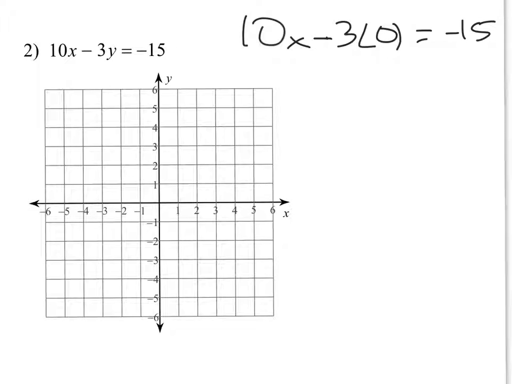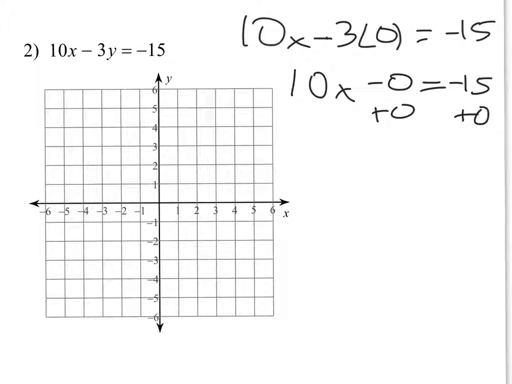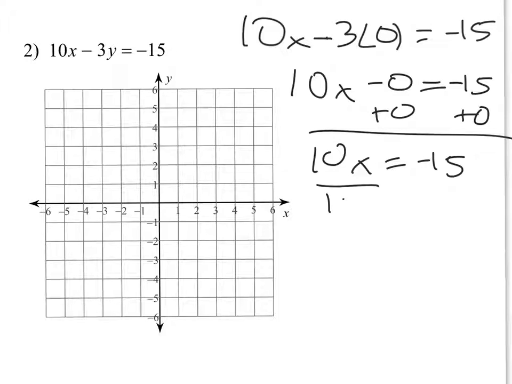Negative 3 times 0 is just 0. So 10x minus 0 equals negative 15, which is just 10x equals negative 15. To get x by itself, I'm going to divide by 10, and I get x equals negative 1.5.